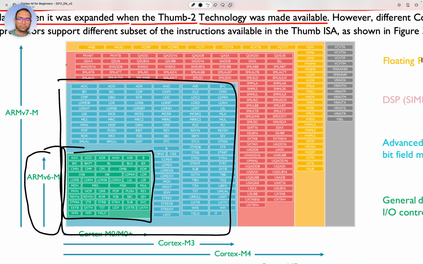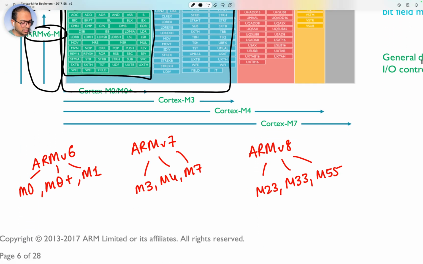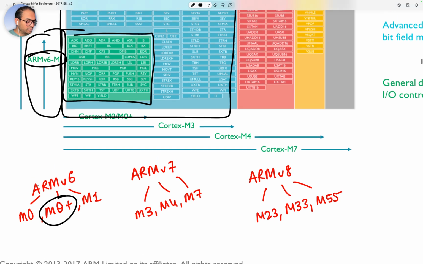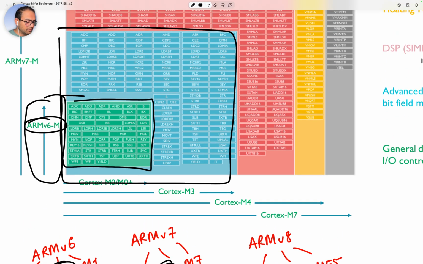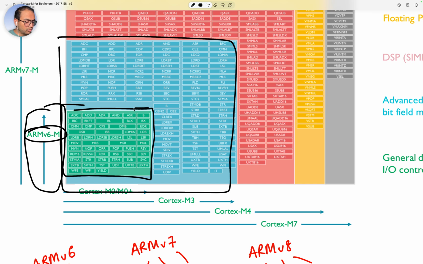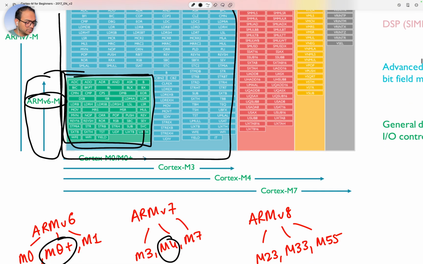And what's beautiful here is if you wrote a program for a v6M based CPU, let's just say M0 plus. Now, let's say in the next version of your Bluetooth controller, you decided to upgrade to M4, which is v7 based.